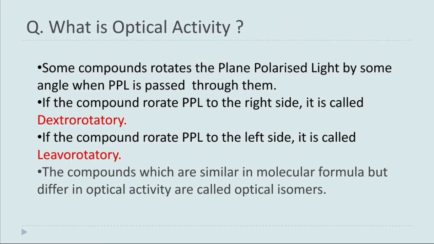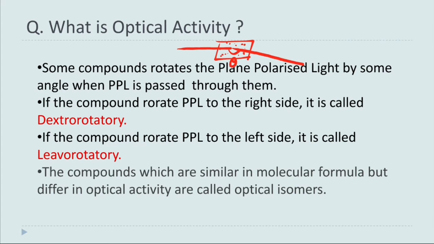Okay, now see, if we pass the plane polarized light through an organic solution, and if the light changes its path of propagation by any angle theta, then we can say that this compound is optically active. So what is optical activity? If a compound can rotate the plane of PPL, then it is an optically active compound.